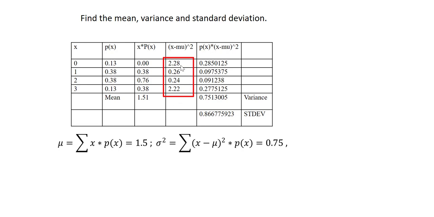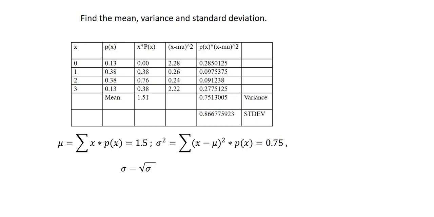And then I'm going to be multiplying the values in this column by the corresponding probabilities. For example, in this cell, I have 0.13 times 2.28. And then I'm going to repeat that for the whole column. Now, when I'm done, I'm going to take the sum, and the value that shows up becomes my variance, which in this case, to 2 decimal places, is 0.75.